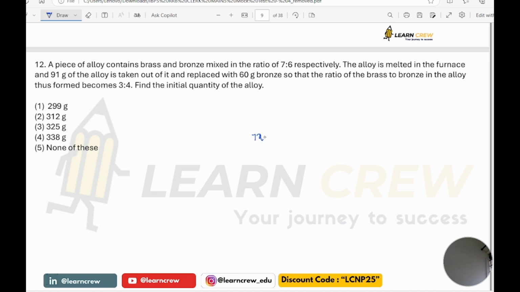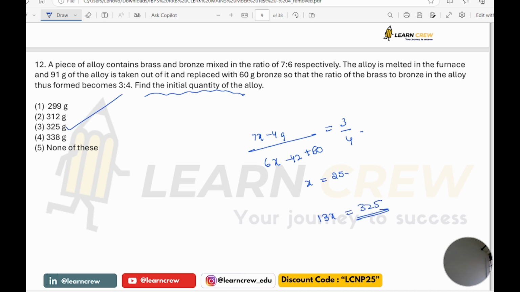So (7x minus 49) divided by (6x minus 42 plus 60), as 60 grams of bronze is added, gives the ratio 3:4. If you simplify here, I get x as 25. Find the initial quantity of the alloy. Initial quantity of alloy is 13x, which is 325. So the answer is option 3.